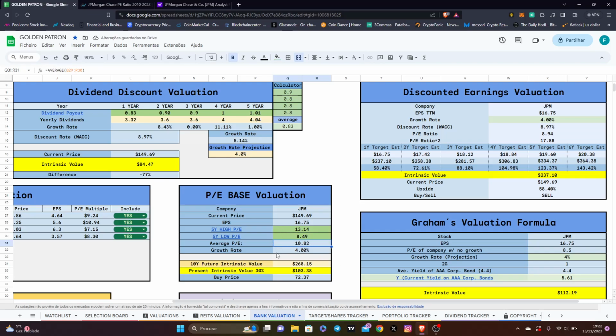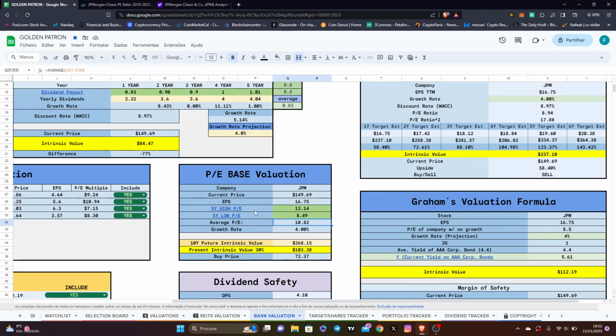Everything automatically filled in, and this is going to give us a 10-year future intrinsic value of 268 and the present intrinsic value of 103. So according to the PE based valuation, the intrinsic value should be $103. And we get a 10-year intrinsic value of 268, so within 10 years, the intrinsic value of JP Morgan should be at 268.